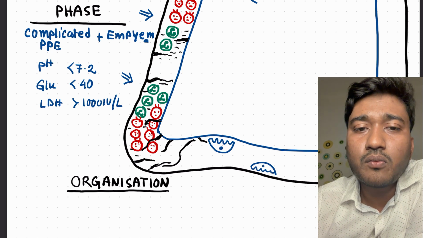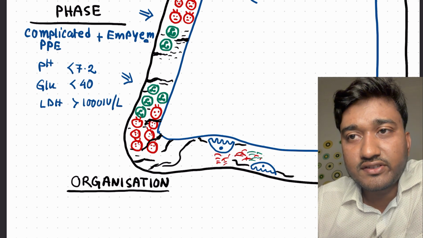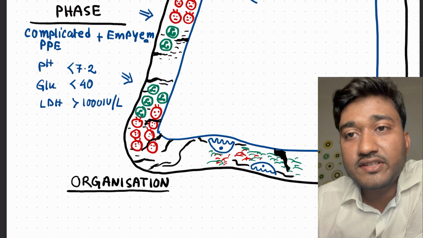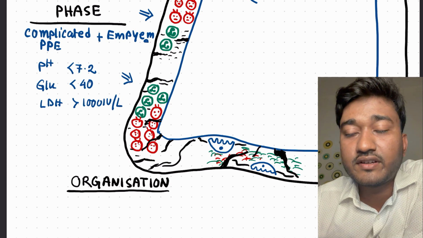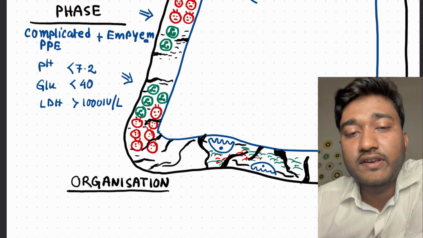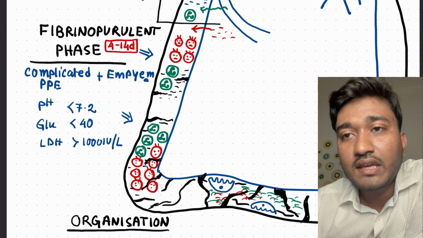Organization means more and more fibroblasts come and lay down fibrin strands within the space, so that the fibrinopurulent material gets entrapped and organized. This phase usually happens more than 14 days after inflammation.